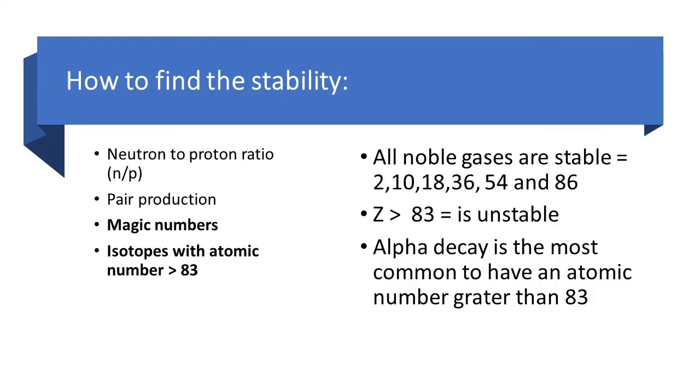All right, let's move on to the magic numbers and isotopes with atomic number greater than 83. All you need to remember is that all noble gases are stable and all numbers greater than 83 are unstable. So alpha decay is the most common for atomic numbers greater than 83. So remember that, okay?